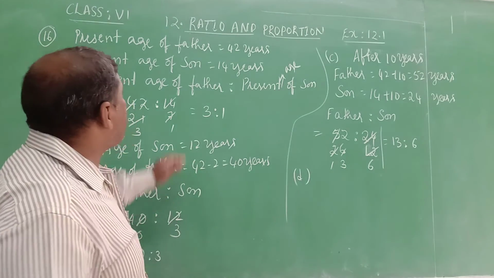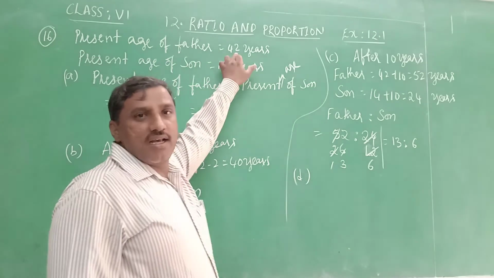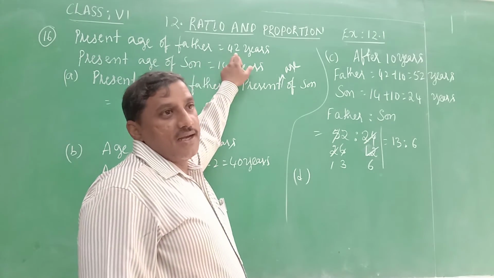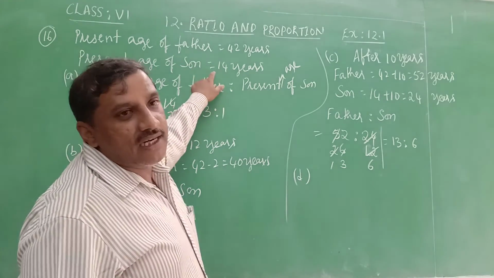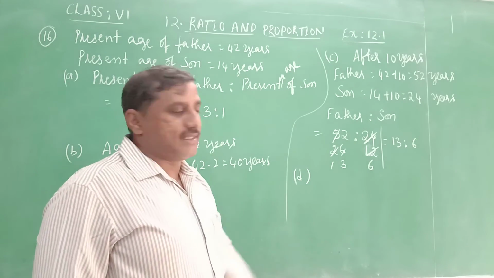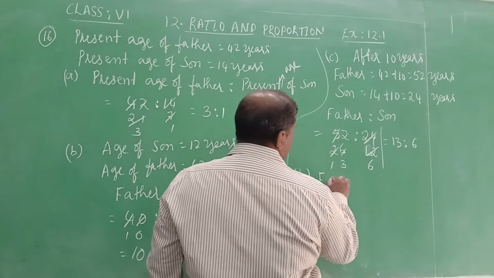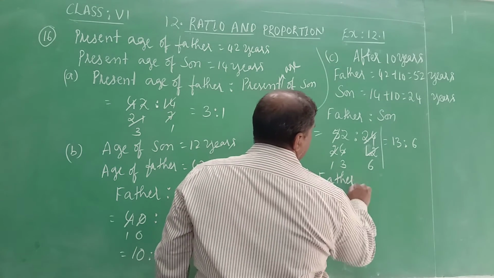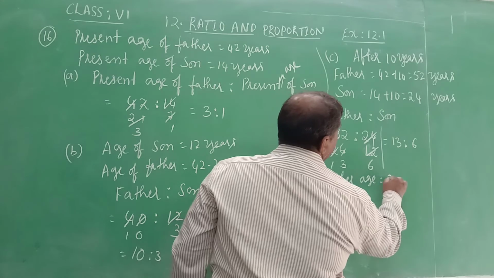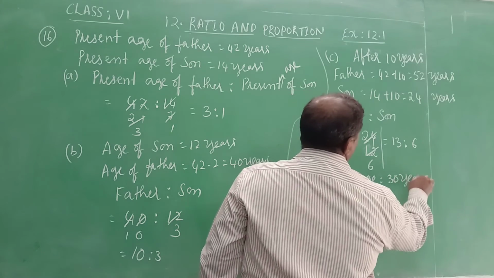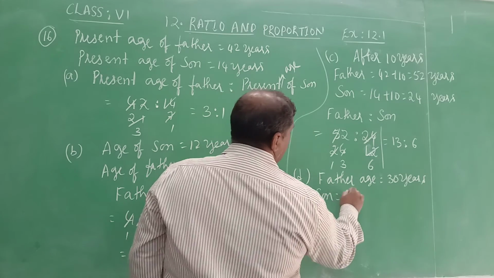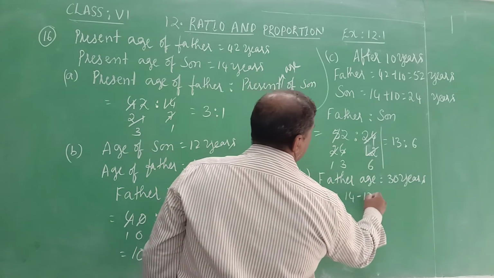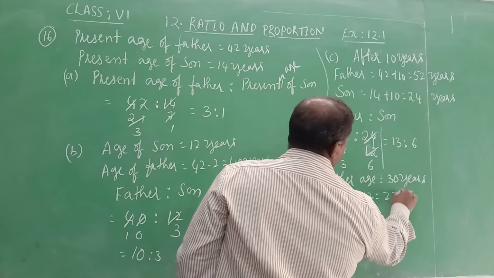So 12 years before, the father's age is 30 years. Similarly, 12 years before, the son's age will be 14 minus 12, that is 2 years.